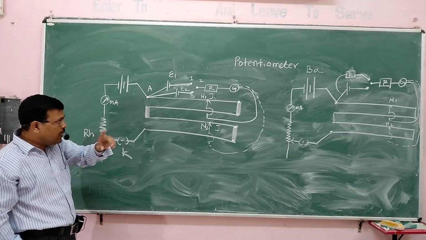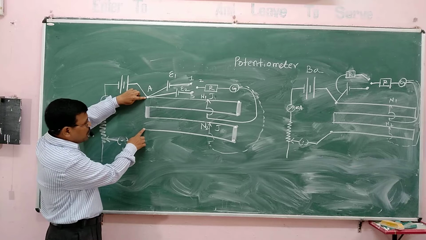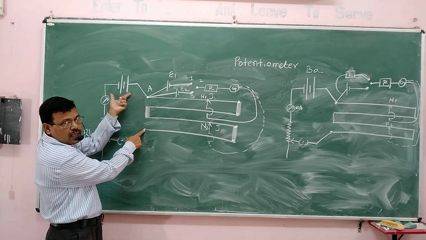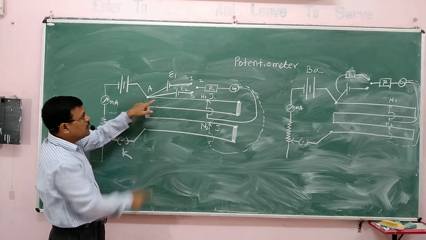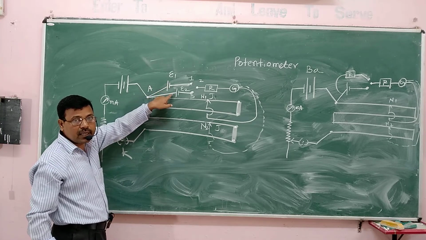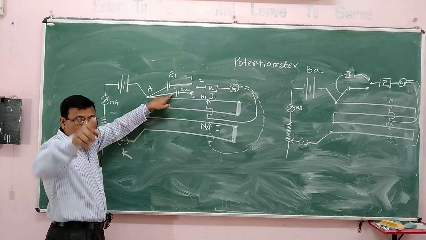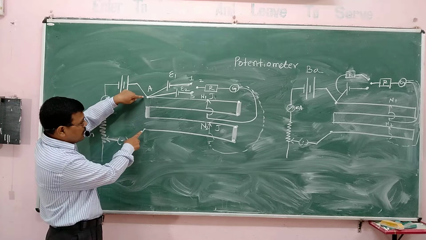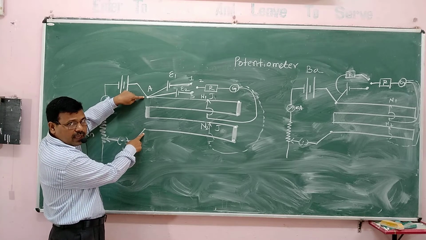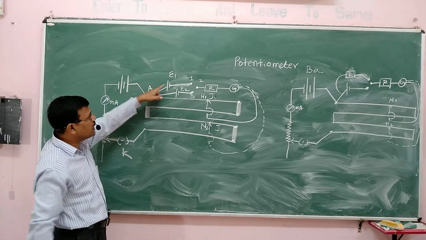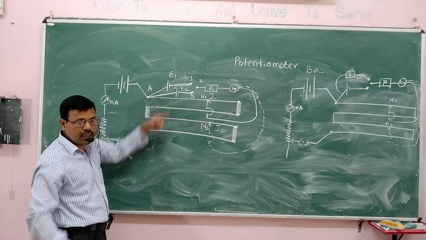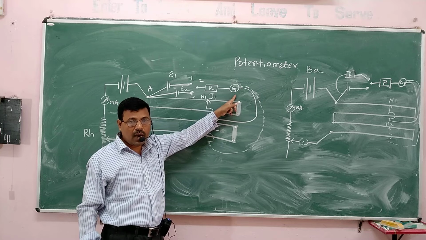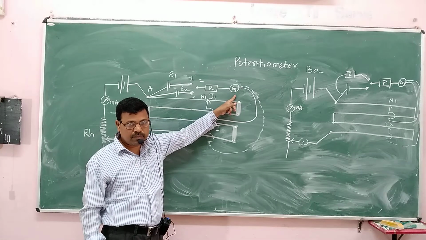Otherwise, if the EMF of the battery applied here is less than the EMF of either cell, then the galvanometer won't give opposite side deflection.